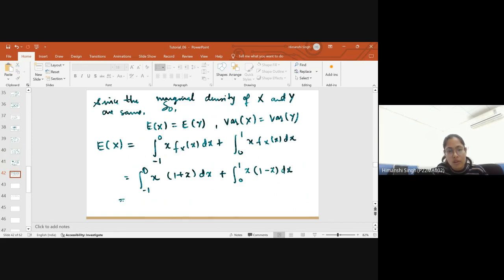If I find its value, it will be x square by 2 plus x to the power 3 by 3 from -1 to 0, plus x square by 2 minus x to the power 3 by 3 from 0 to 1.